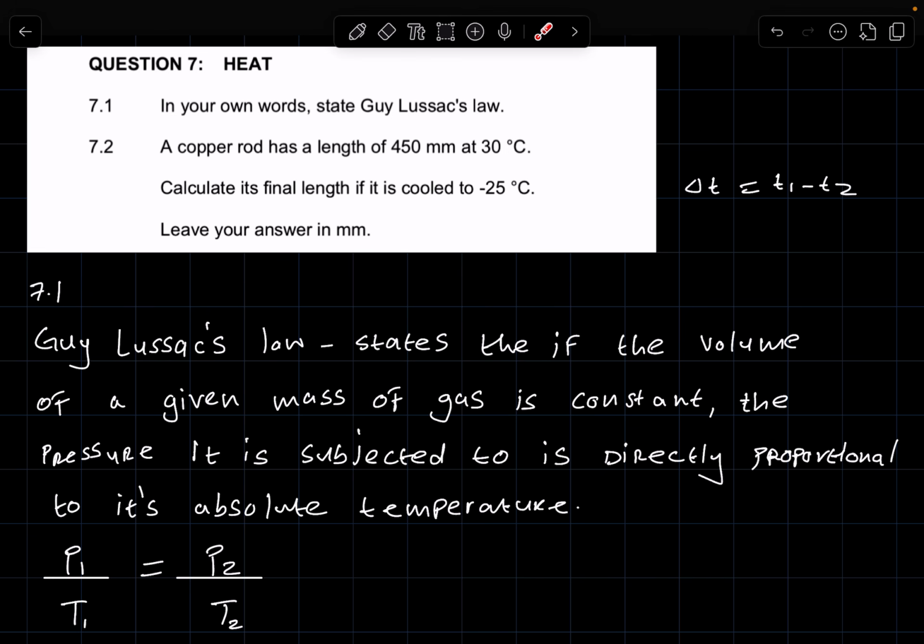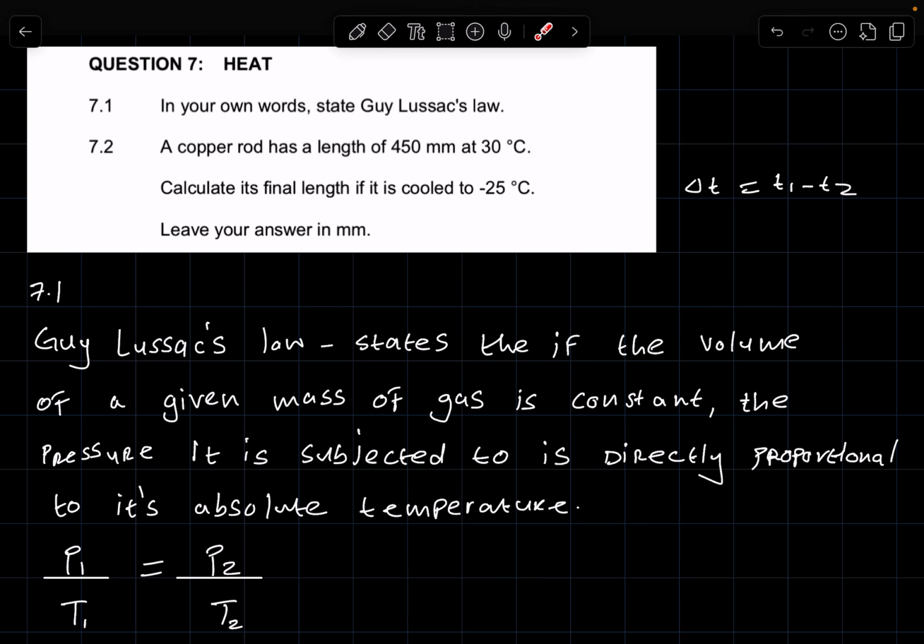What are we looking for? They said calculate its final length, which will be the length we get after the contraction. Remember, this is losing heat, so it is going to contract, thus decreasing in length.